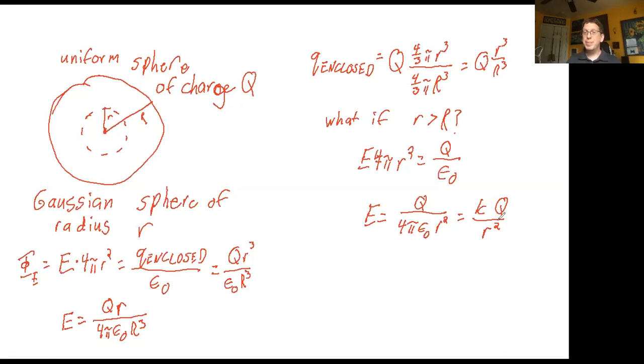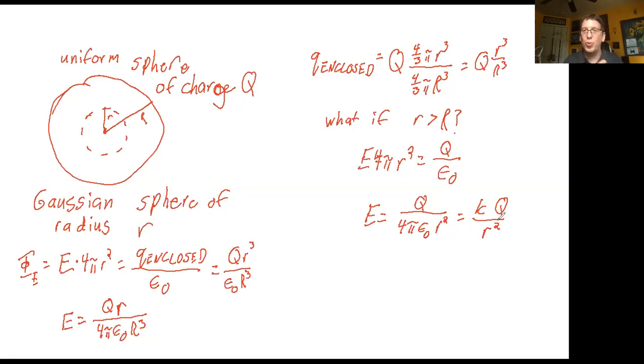It turns out that relationship applies to any spherically symmetric charge distribution, provided that you're looking at a point outside the sphere. So you could have alternating layers of positive charge and negative charge, or any sort of random distribution, provided that it's spherically symmetric.